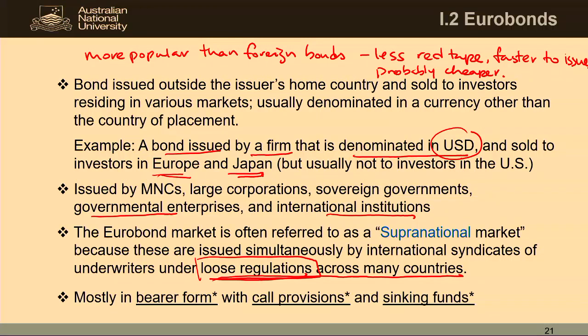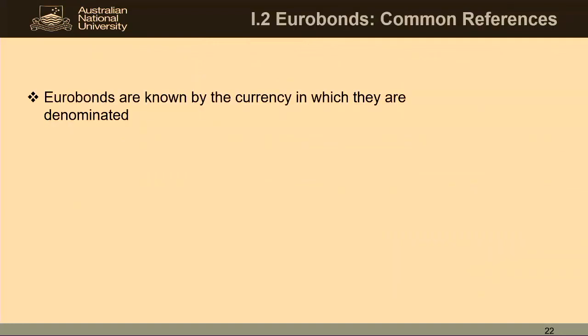All right. So Euro bonds are also predominantly in bearer form, so that's what we call a bearer bond. We're going to have a slide on this in just a couple of slides, but just bear with me right now. So similar to foreign bonds, there are common references to Euro bonds.